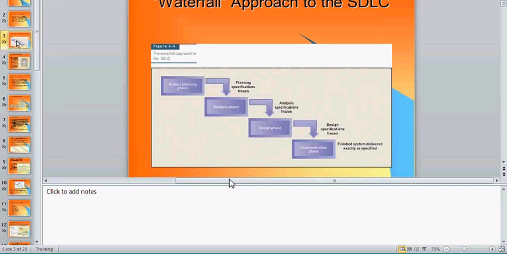Alright, same here. Irrespective of when you request this change, you must tell, based on this change, is your project timeline, your scope, or your budget impacted?